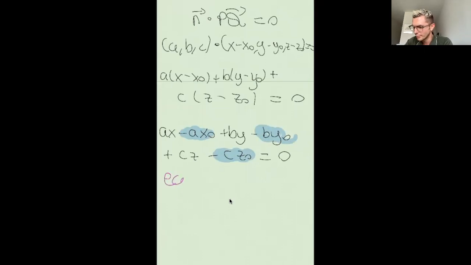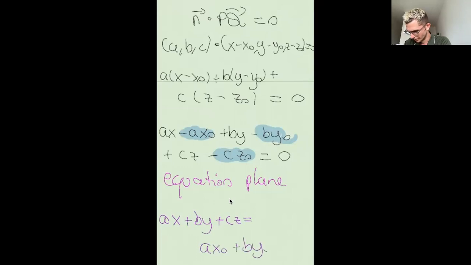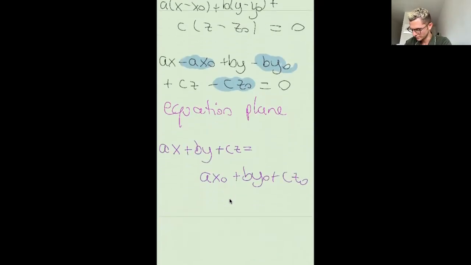And so the equation of the plane ends up being the following. This is what you need to know: ax plus by plus cz equals ax naught plus by naught plus cz naught. Is this okay?